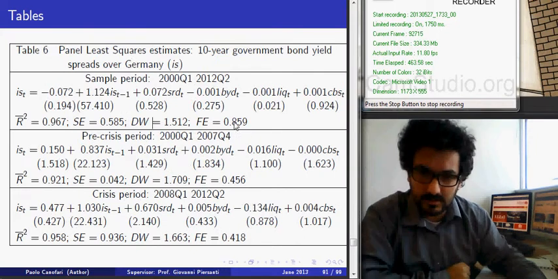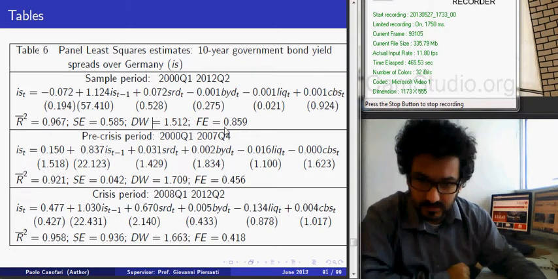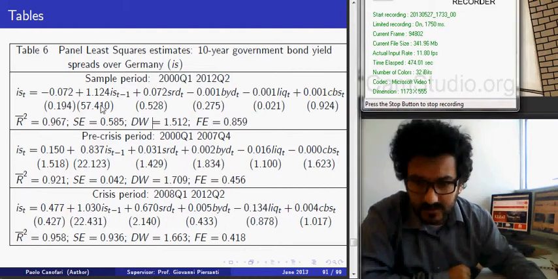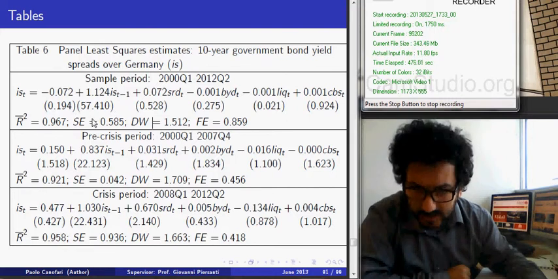We see that the fixed effects redundant hypothesis is accepted, and we can see that the coefficients of the interest spreads in the previous period are close to 1.